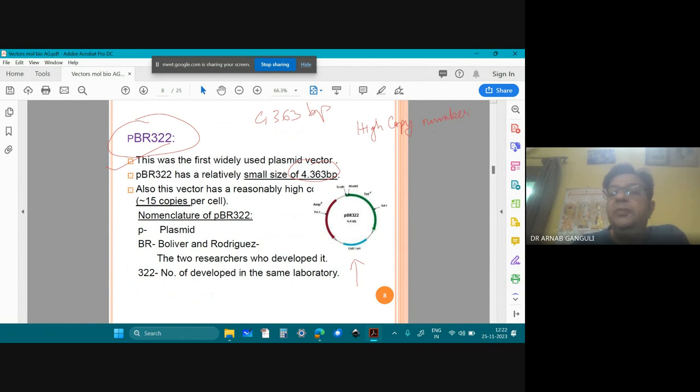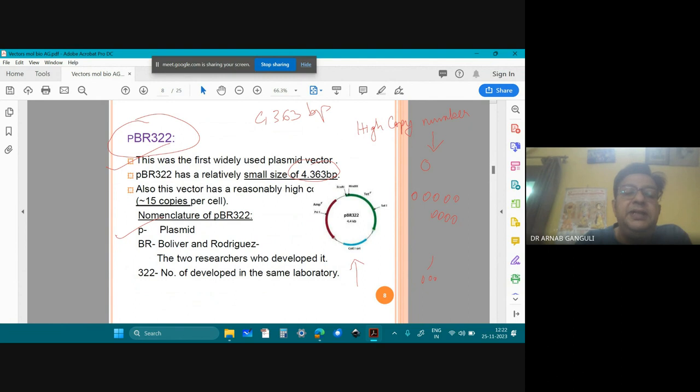What happens in high copy number? Once you transform it into a bacterium, it makes many of these plasmids, so the yield of plasmid DNA is much higher. In low copy number, for example, one may form 4, but in high it may form 40. So it has to have a high copy number.